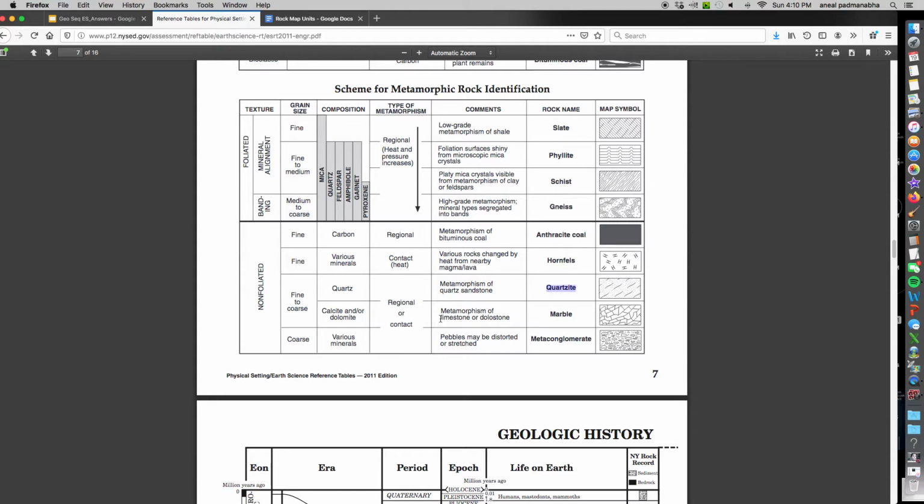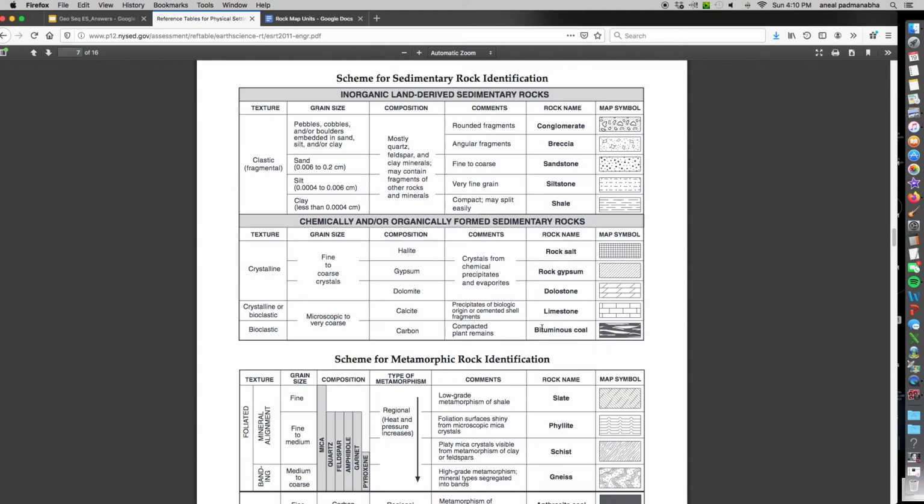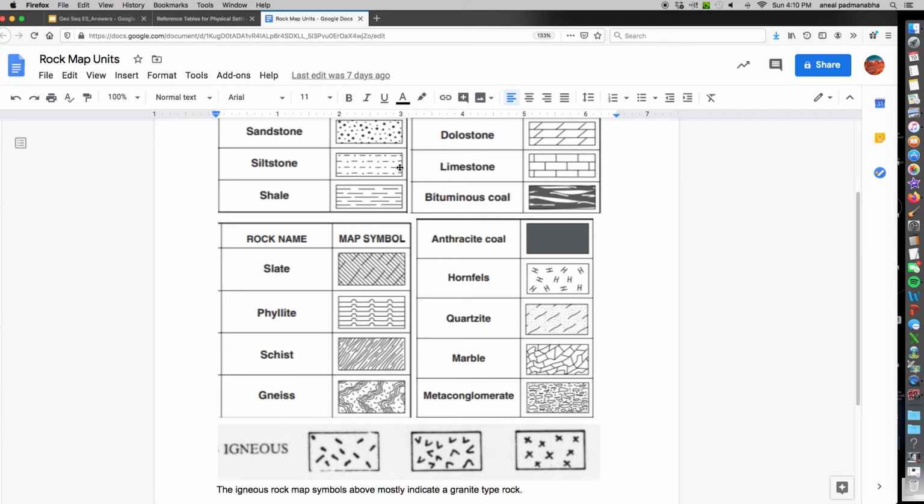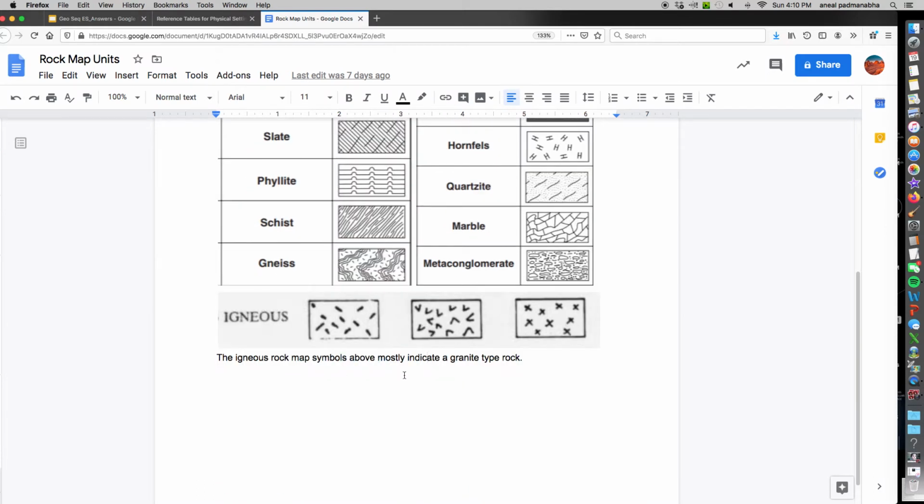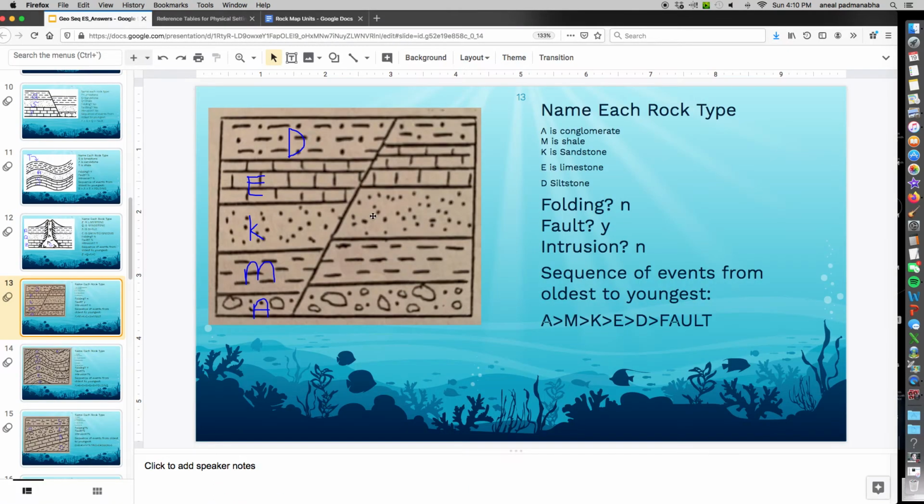Metamorphism of limestone or dolostone is going to make marble, or pebbles may be distorted. Basically, a conglomerate makes a metaconglomerate. Again, paying attention, these are elongated rocks or pebbles in here versus the chunky, no really general shape up here for the conglomerate ones. But you also have the sheet right here, which also has the igneous rock symbols for that.